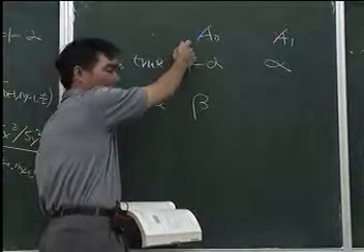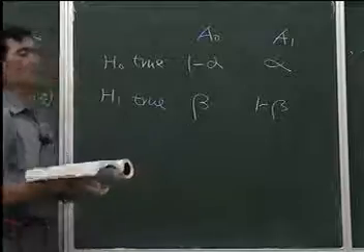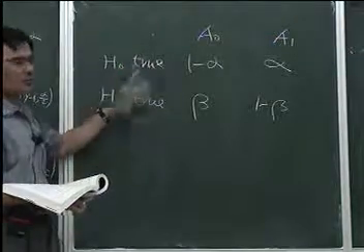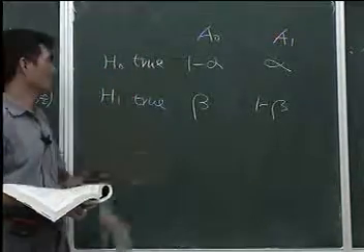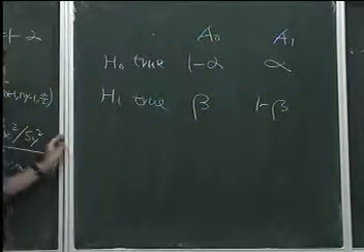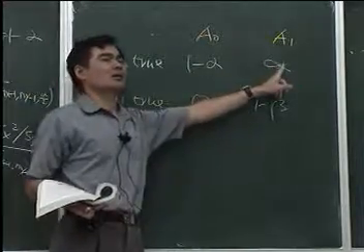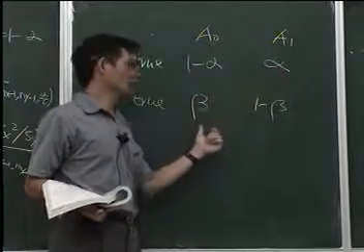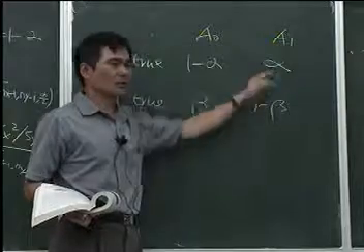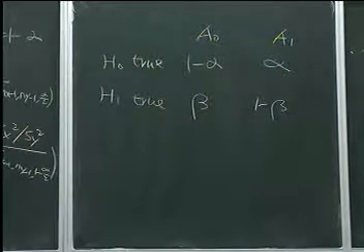You believe H naught is true. The question is, we don't know which one is true, so that's the reason we have to do this kind of test. When you do this kind of test, you have to be very careful. When this one is large, this one will be small. But when this one is small, this one will be large, okay?